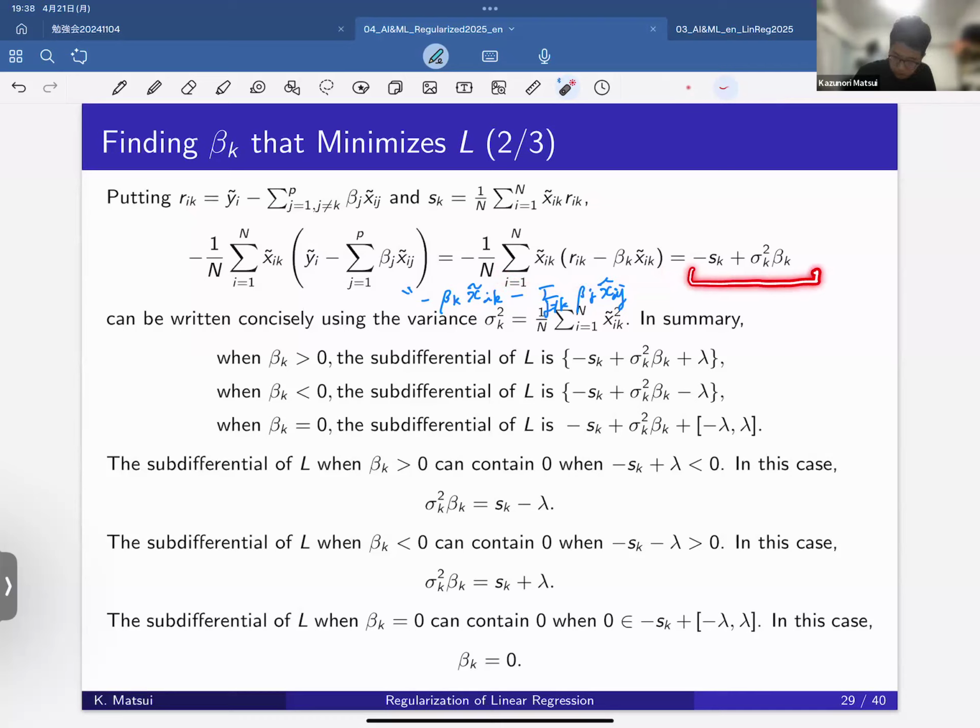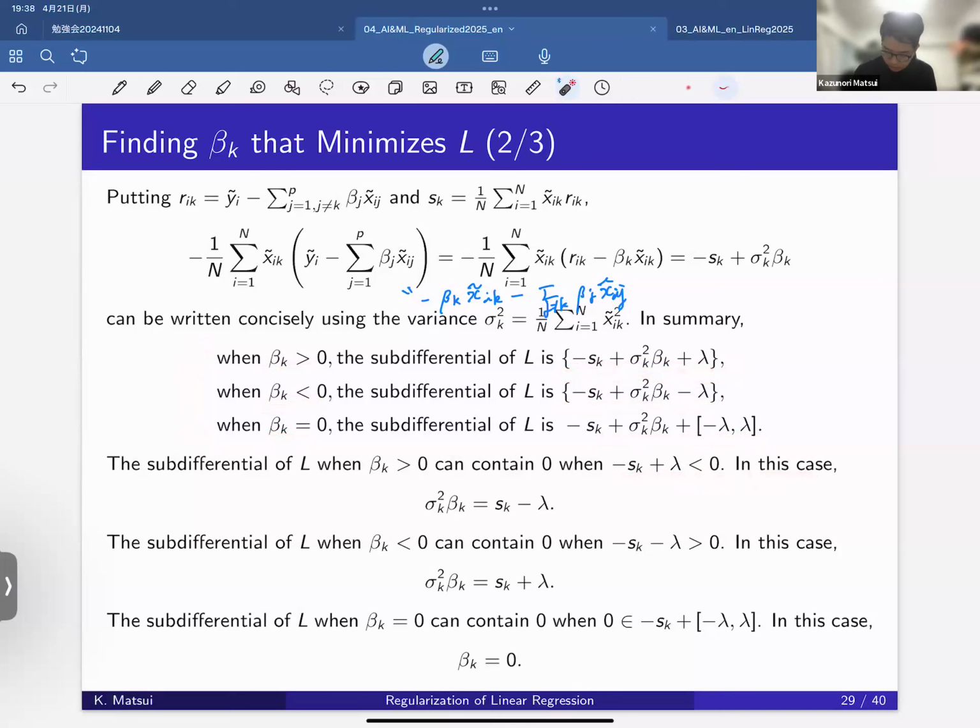Here, sigma k squared is the variance of the k-th explanatory variable. So the subdifferential of L when beta k is greater than 0 is this, when beta k is less than 0 like this, and when beta k is 0 like this. For 0 to be included in this, minus sk plus lambda must be negative.